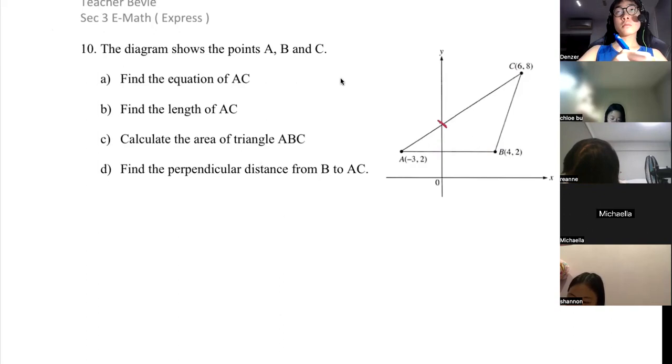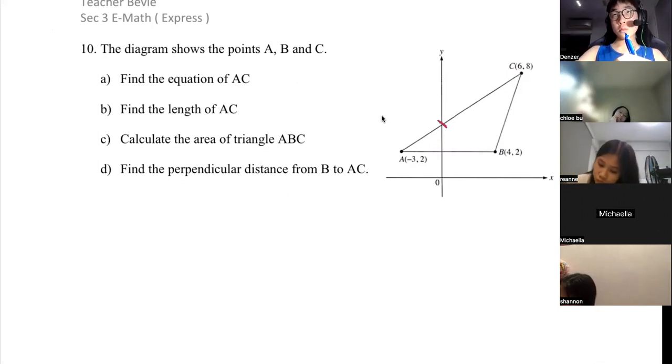Very good, Shannon. Very good job. Well done. Who's the next one? Quick. Who can give me the gradient first? Chloe, you got a gradient? Not yet.